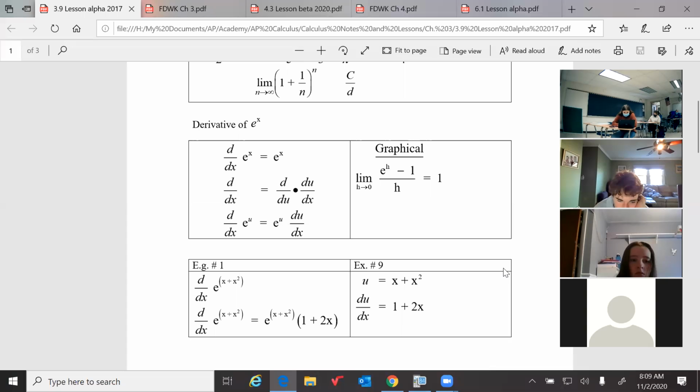So the derivative of the equation is itself times the derivative of the exponent. Done. All this, example 1, is a subset of the derivative of e to the x being itself. So we're going to leave that up there. That's your model. You're going to problem number 9, please.